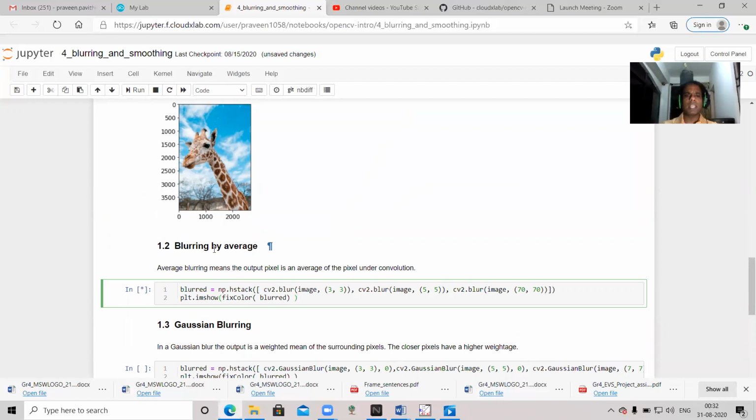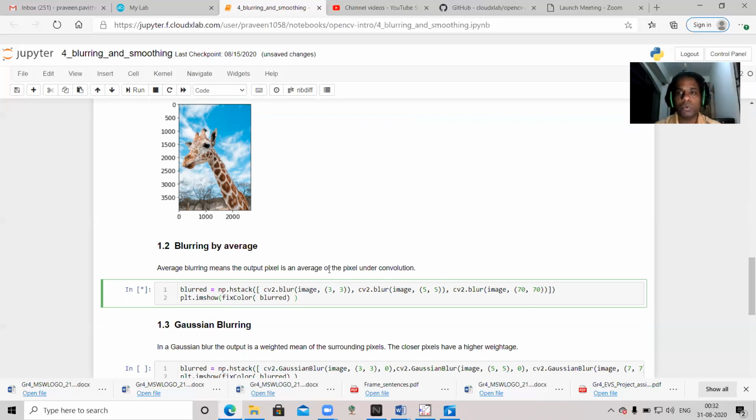The first kind of blurring we will look at is blurring by average, which is exactly what it means. You take a small kernel. We'll take three types of kernels here. We've created a stack of outputs based on different types of kernels: a 3 by 3 kernel, a 5 by 5 kernel, and a 70 by 70 kernel, which is a very large one.